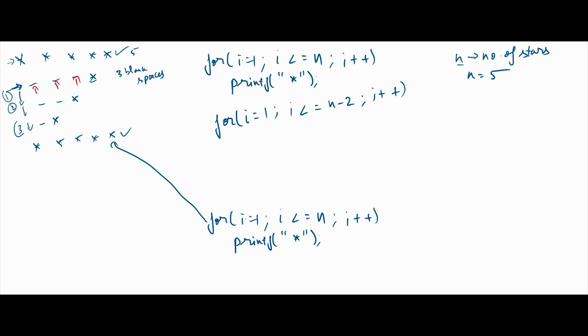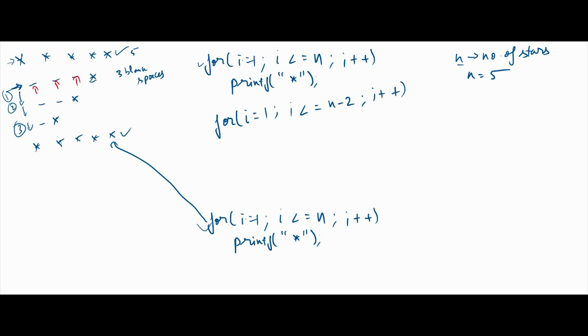For the rest two levels we have already printed the stars, so we are left with only 3 levels. So when n is 5, the number of levels we need to move is 3, which means the loop will start from 1 and end at n minus 2.